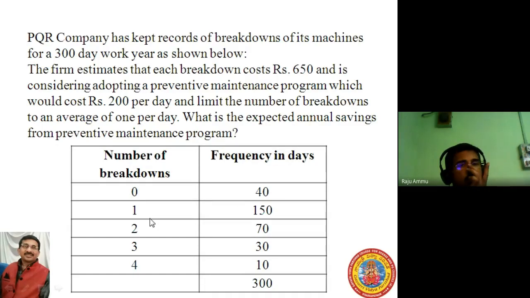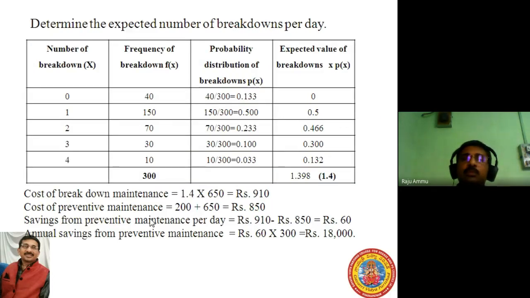Okay, so now I think in the last problem he gave you the probability, but here he has not given you the probability, rather he has given you the frequency of its happening. So what you need to do, friends? You need to first calculate the probability, isn't it?